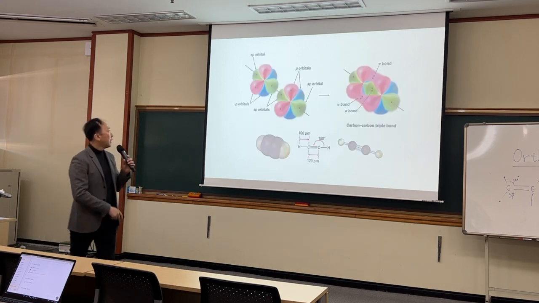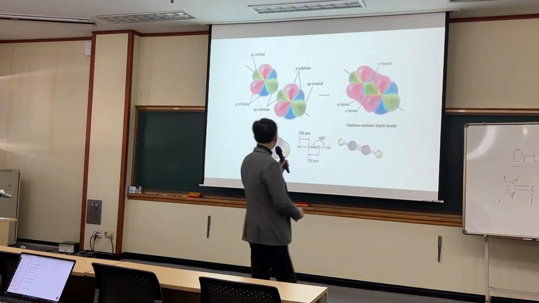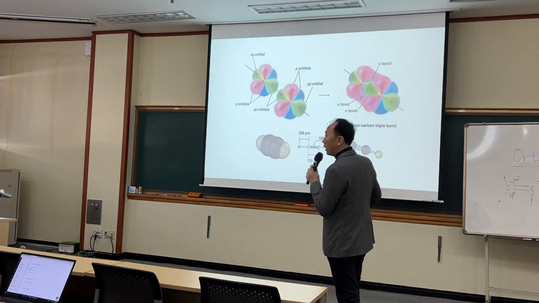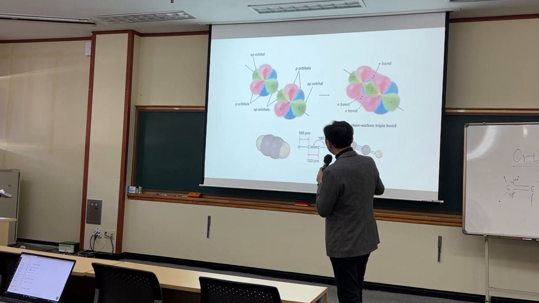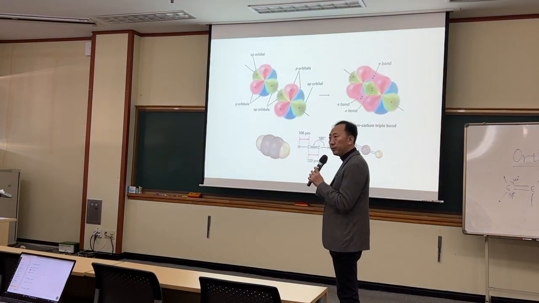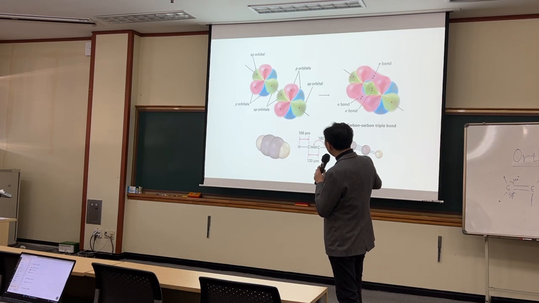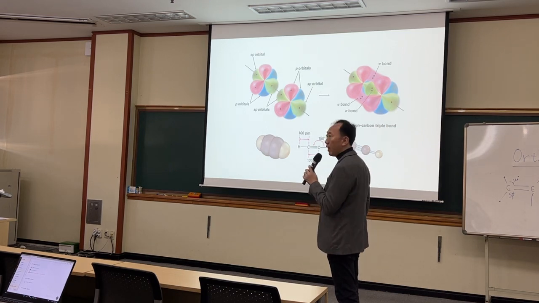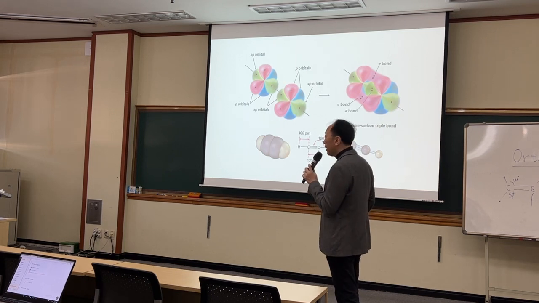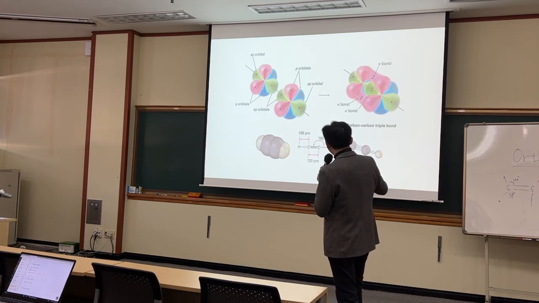Okay. Then if they meet together, so this is what we see from the top. Maybe this is the sp green one. sp meets another sp. They make one sigma bond here. And the pi electrons, y and z, are still there, and loosely, not strongly, loosely they make this bond.